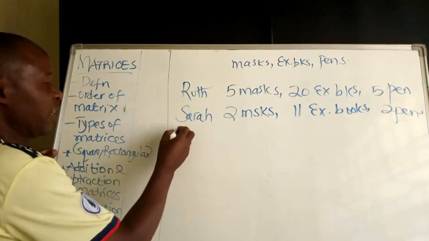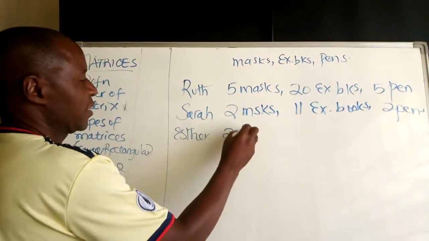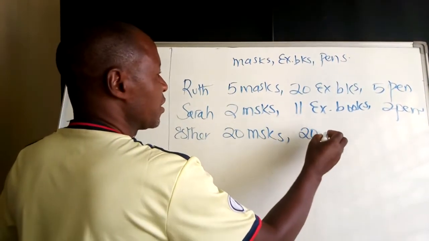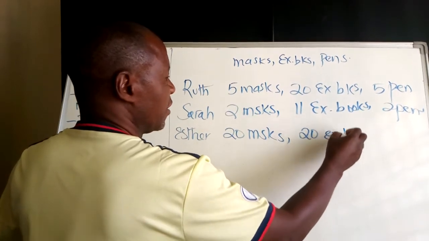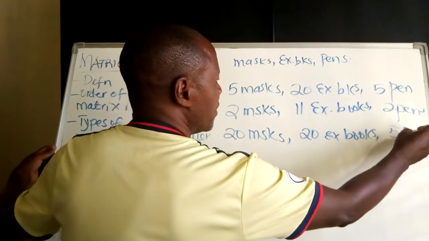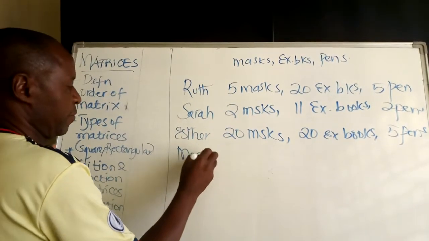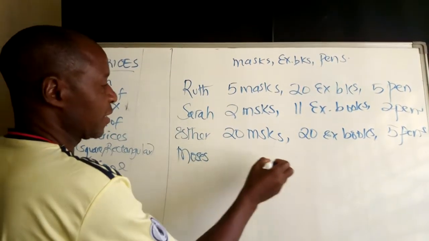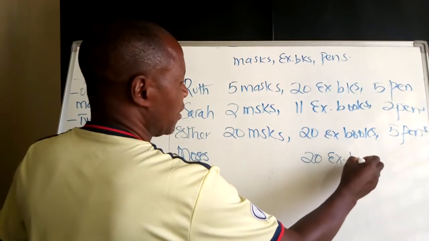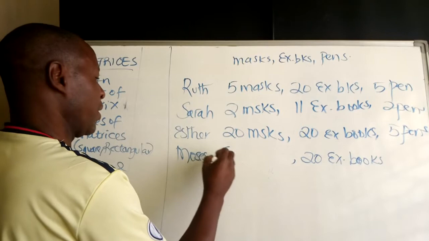Then we have Esther, who has come with 20 masks, 20 exercise books, and 5 pens. Lastly, we have Moses, who has not come with masks, but has come with 20 exercise books and 5 pens.